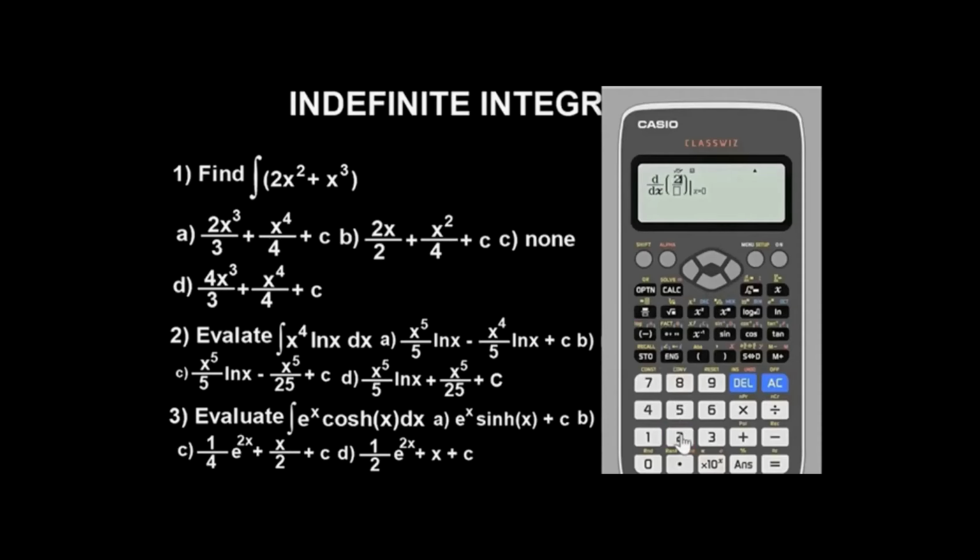We have 2x alpha x cubed raised to power 3 over 3, plus a fraction, alpha x raised to power 4 over 4, plus c. Now the plus c is not part of what we're going to input here. The plus c is just a constant, so you don't have to put it here.